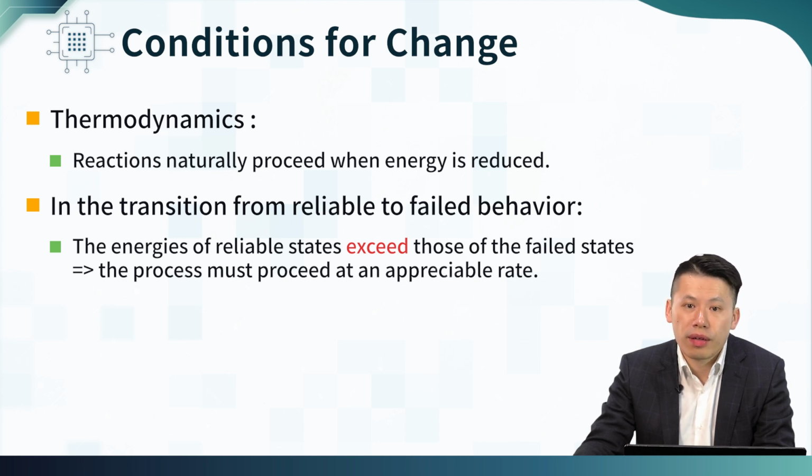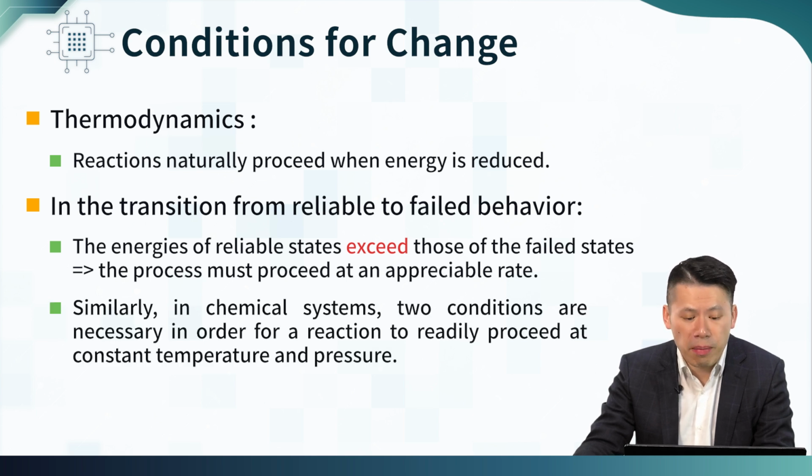That means in the reliable state the energy is higher, and in the failed state the energy is lower. Therefore, by considering thermodynamics, the reaction prefers to proceed when the energy is reduced. The reliable state has a high energy and prefers to reduce to the lower energy of the failed state.